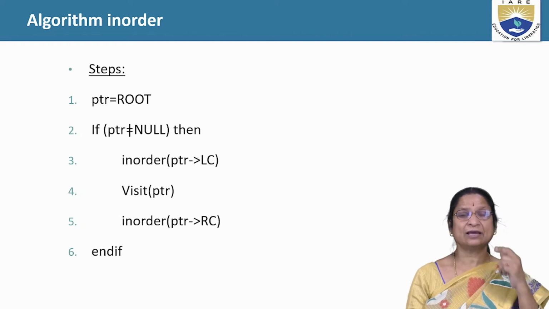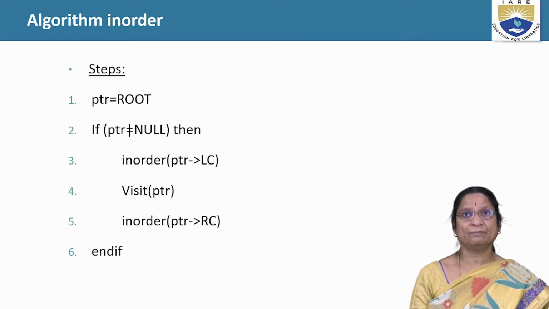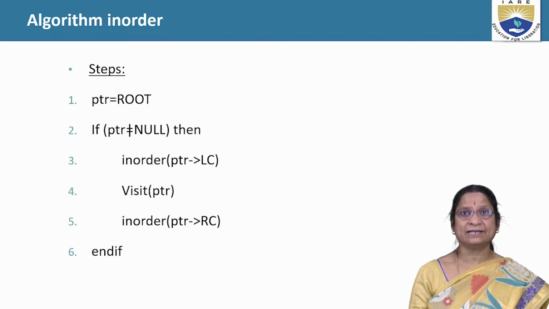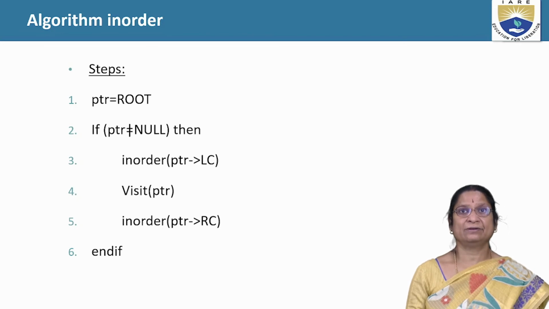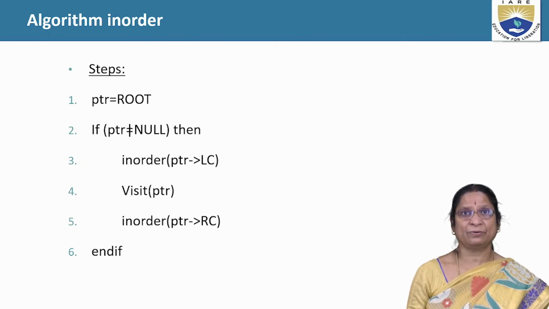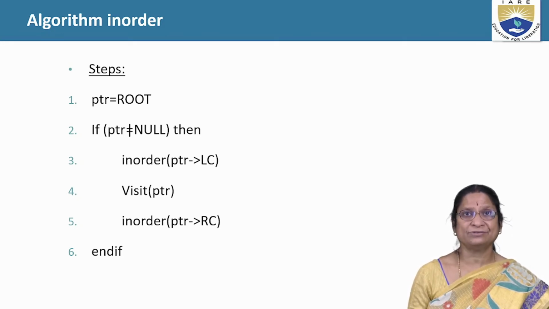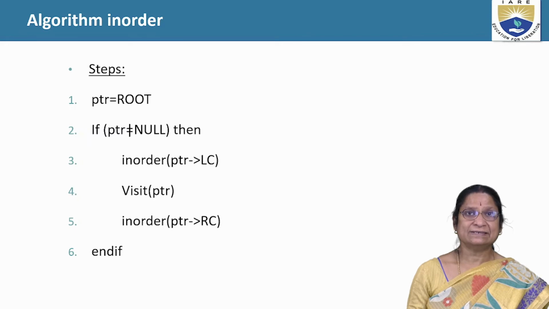This is also the recursive algorithm. The pointer is going to be pointing to the root. PTR always holds the current node address. So in any tree we have to start from the root. That's why PTR is assigned root.